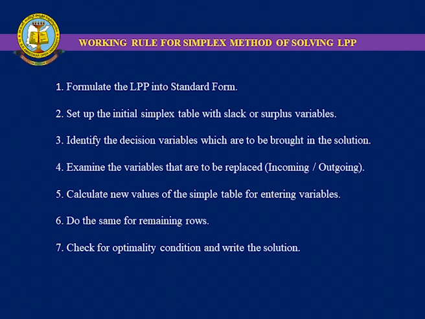Third step, identify the decision variables to be brought into the solution, and examine the variables that are to be replaced, whether incoming or outgoing, and calculate new values of the simplex table for entering variables. Do the same procedure till all zj minus cj are greater than or equal to 0, and finally check the optimality conditions and write the solution.